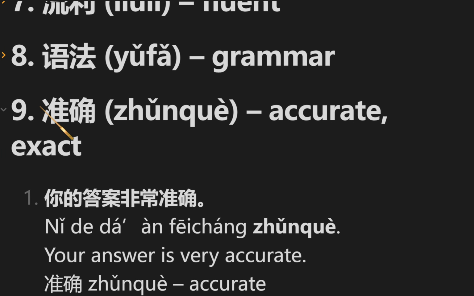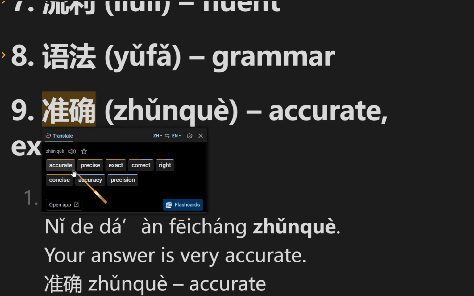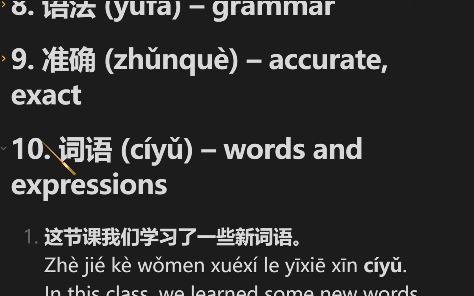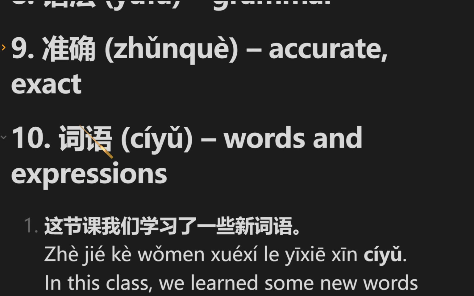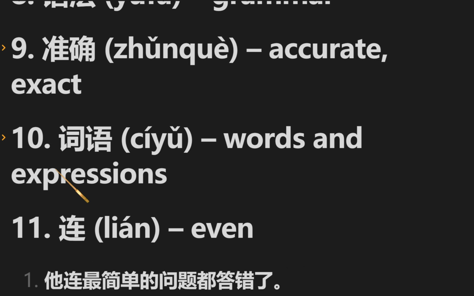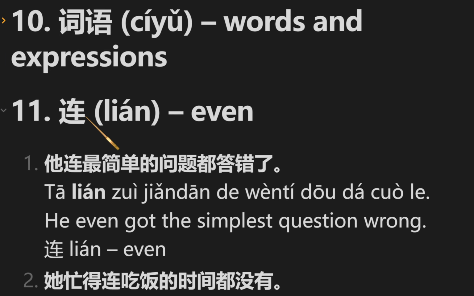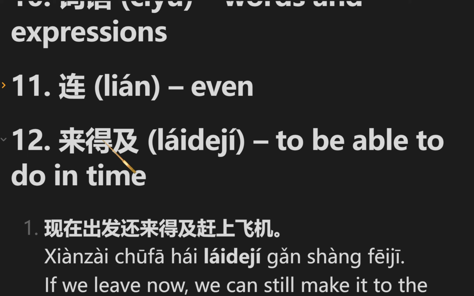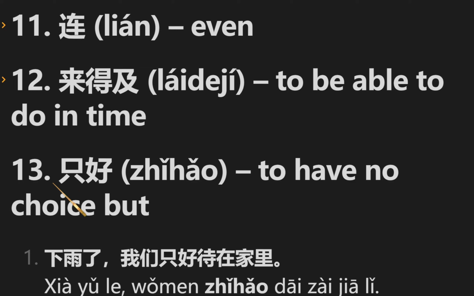So let's repeat what we learned today. First word, 准确, accurate, exact, right, precise, accuracy, precision. 准确。词语, words and expressions. 连, here is just even something. 来得及, to be able to do in time.